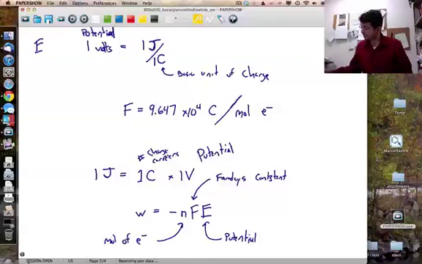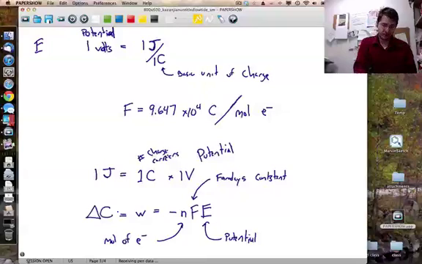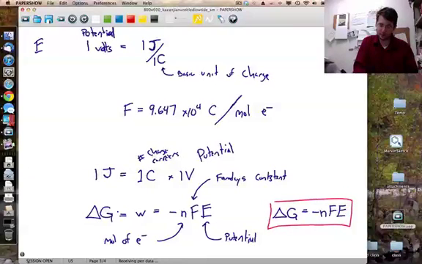Well, we've actually seen this work show up. It turns out that the maximum work, the maximum energy that you can get out of a system is delta G. All right? So delta G of a chemical reaction is equal to negative nFE. Now there are some consequences of this.